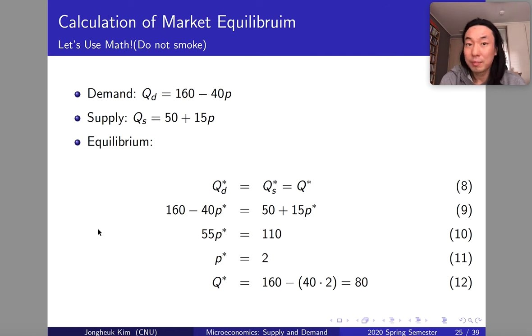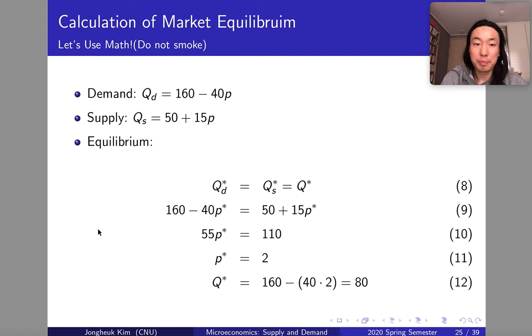Q star means the quantity supplied and the quantity demanded at a specific price level where quantity demanded equals quantity supplied. And we assume that there will be only one unique point because the demand curve is downward and the supply curve is upward, right? We are talking about equation number 8.